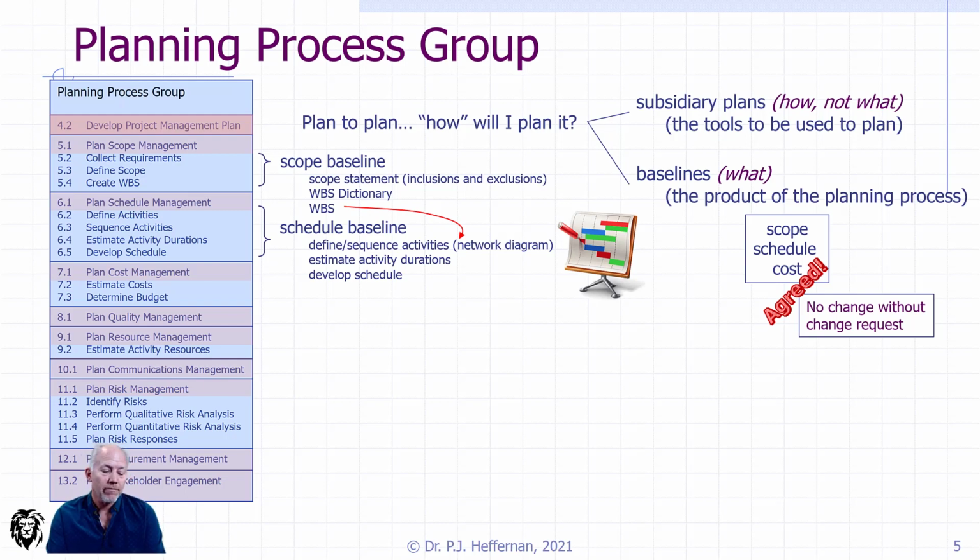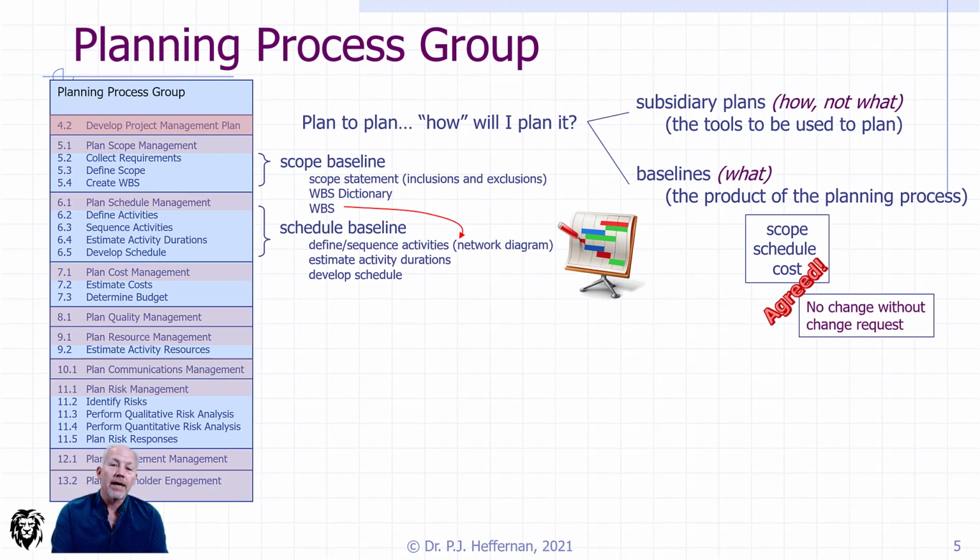And if we can fully define and then sequence our activities, we have fundamentally established the network diagram for the project. Now, through all of this, remember, this is all integrated. We're showing it as linear, we're showing them as isolated, but they are, in effect, all going on together. We have to estimate our activity durations.